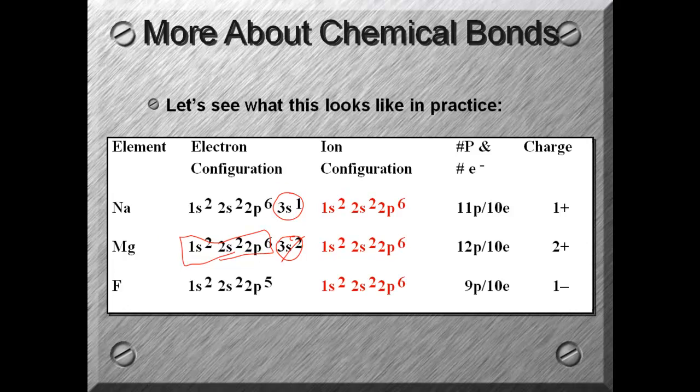Fluorine, on the other hand, it's easier to gain 1 electron than to lose 7. So it gains an electron here, giving this outer energy level, and it'll have a negative 1 charge. All of these ion configurations here are noble gas configurations. And that's the whole point of bonding, to become stable.